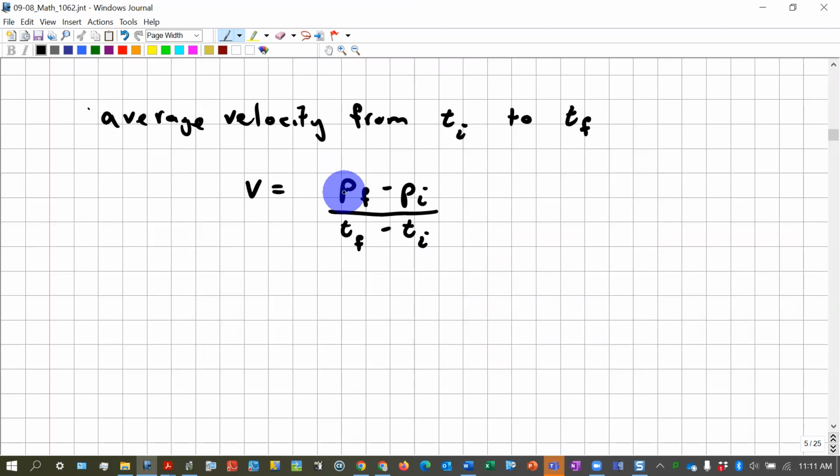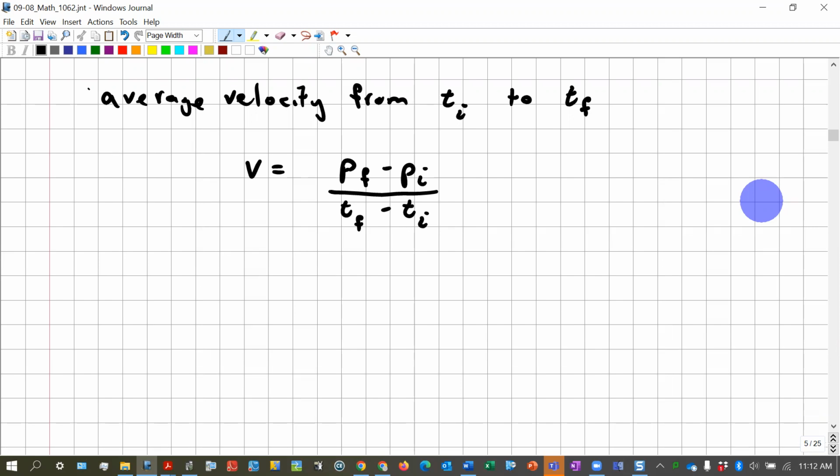And that's the ratio of the corresponding differences of two measurements. That's a slope. Just like y sub 2 minus y sub 1 over x sub 2 minus x sub 1. It's exactly the same formula, just in a physics context.